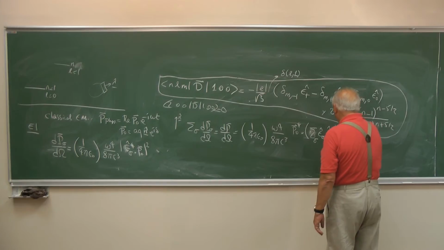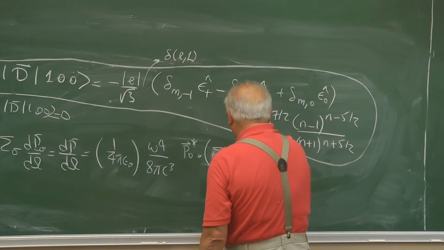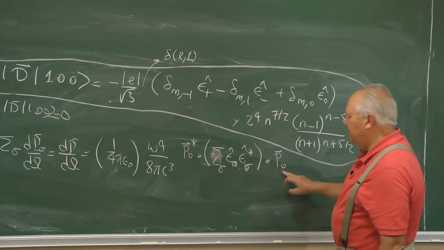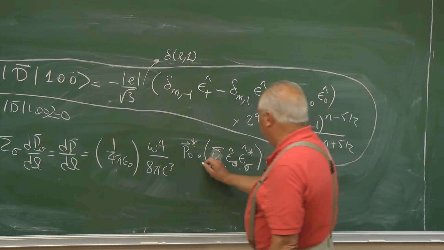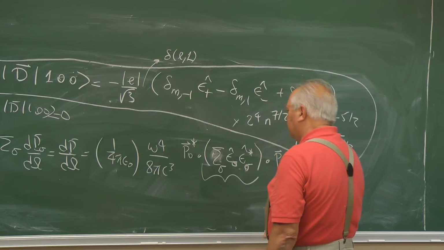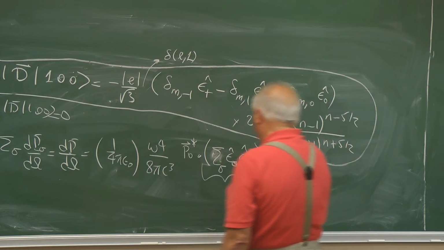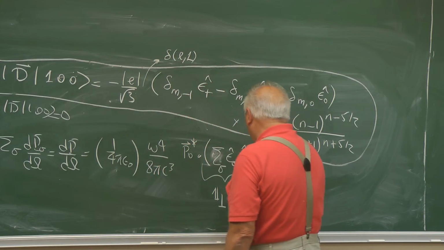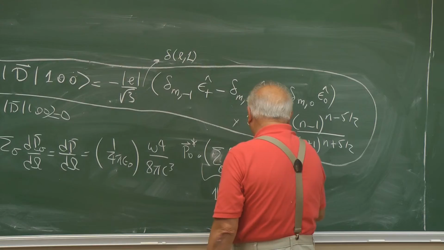This is sigma and we are summing over sigma, and this is P0. This is 1 in the perpendicular direction, or 1 minus RR.